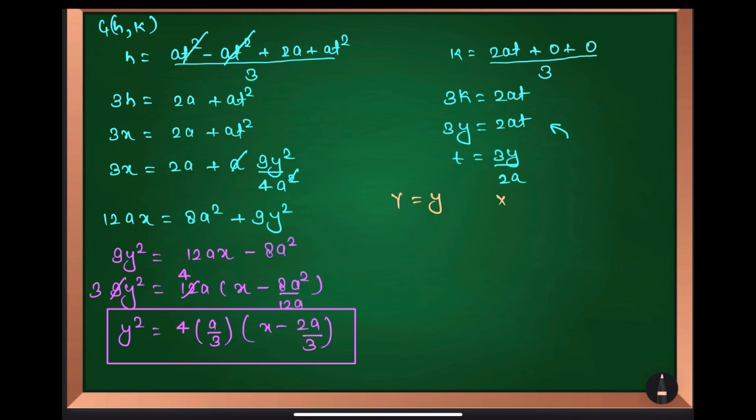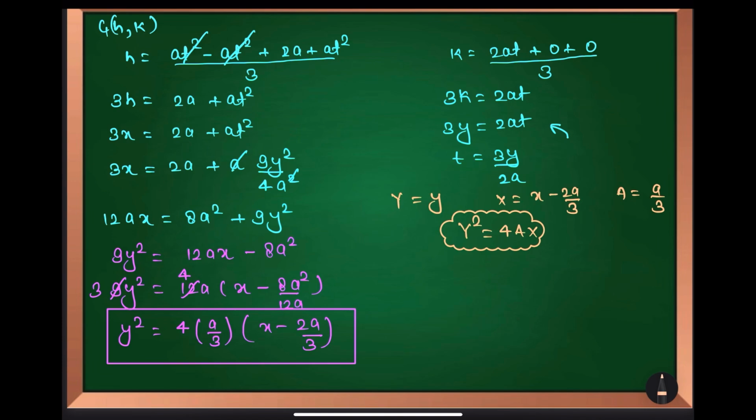I'll imagine x equals x minus 2a by 3. I'll imagine a is equal to a by 3. So the equation of the curve is y square is equal to 4ax.